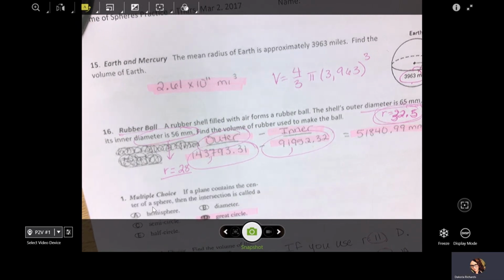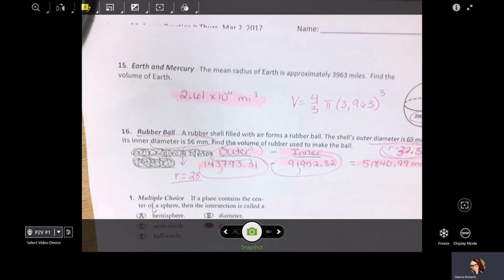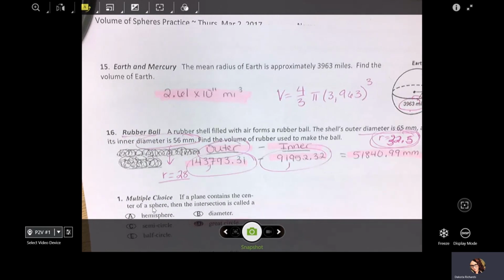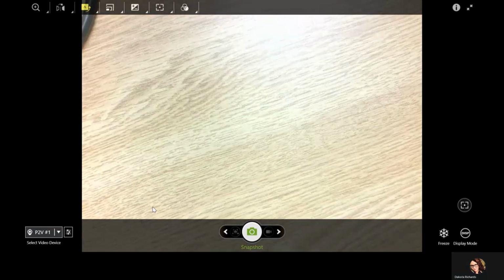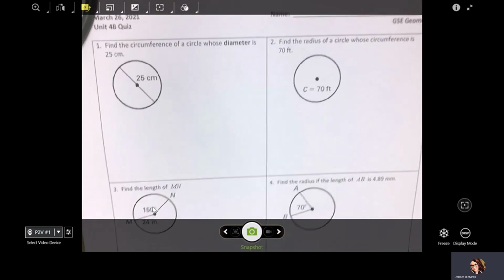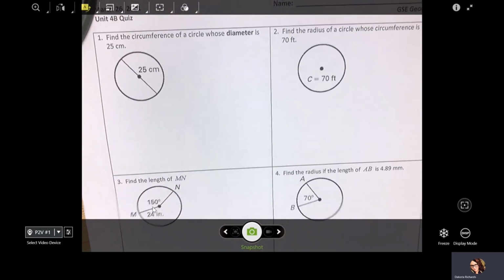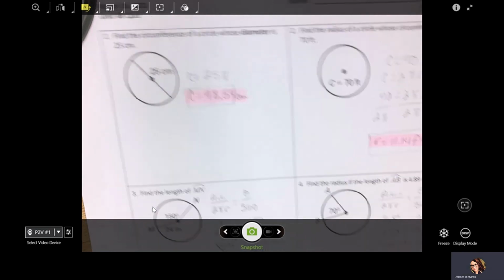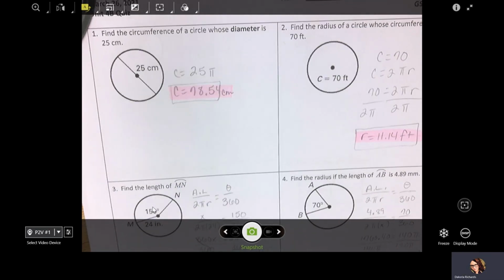Okay, on the quiz, it looks like you had questions on number 8 and number 10. I will say a lot of you forgot to put your measurements, and I did not count off for this. Like on number 1, that was in centimeters.